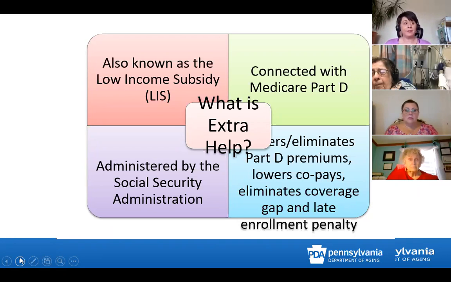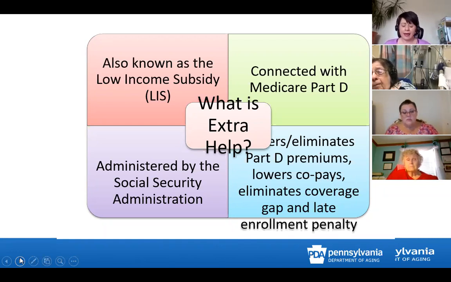A beneficiary, if they want to do this themselves, or their caregiver wants to do it for them, can apply online at Social Security's website, which is ssa.gov, or they can call Social Security and request a paper application, or they can come to our program and we can assist with the whole application process as well.